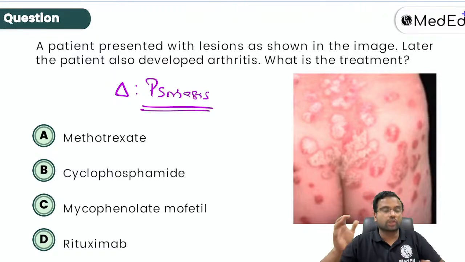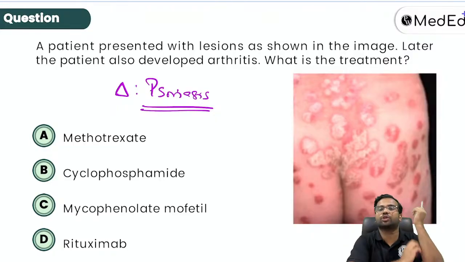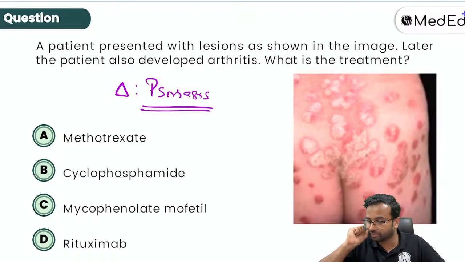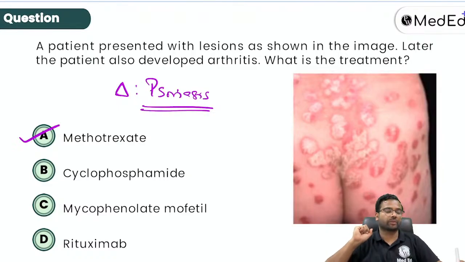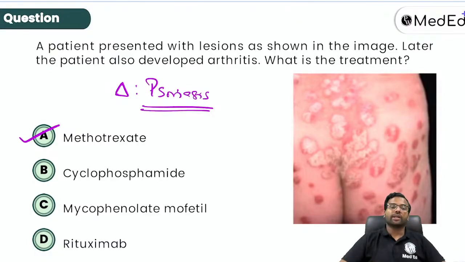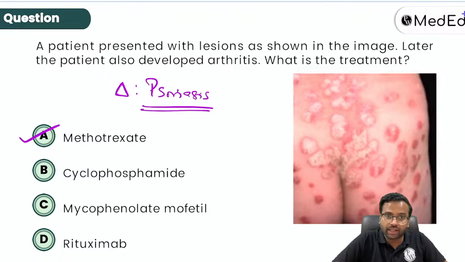So this looks like psoriasis. So when a patient is having psoriasis and when the patient is also developing some joint pains, and that is arthritis, will you go for methotrexate, cyclophosphamide, mycophenolate or rituximab? Yes. So here, remember, the overall drug of choice in psoriasis is going to be a drug called methotrexate, right?